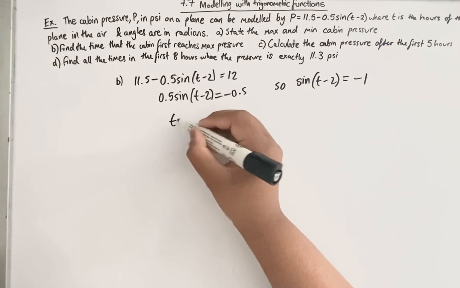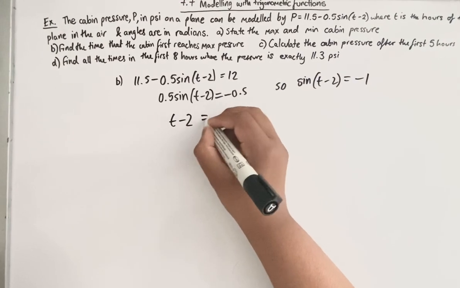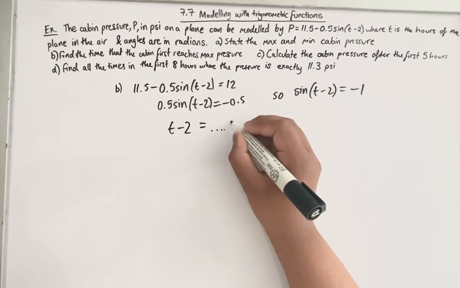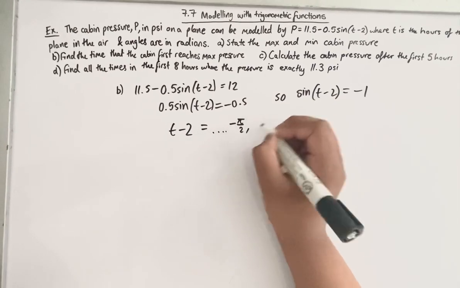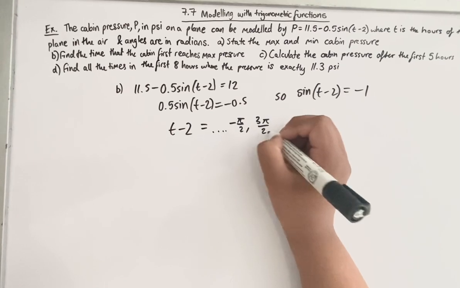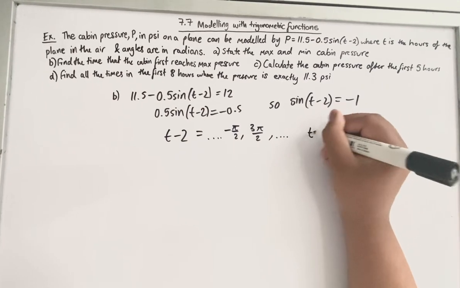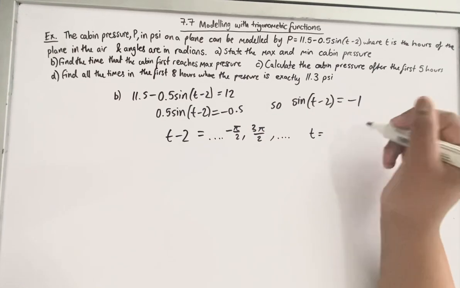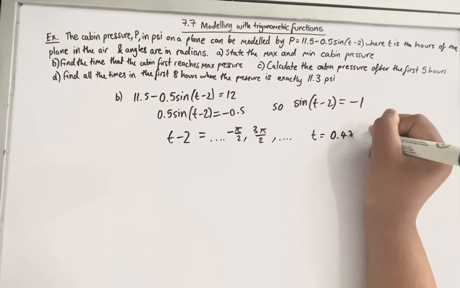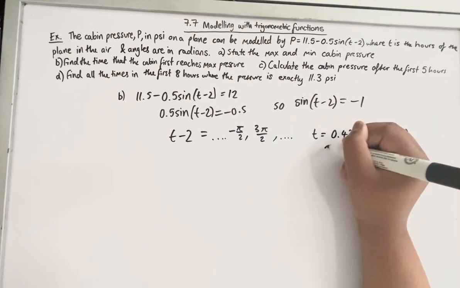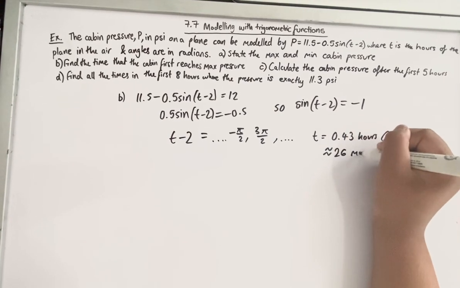And that means t minus 2 is any of minus pi over 2, then the next one is 3 pi over 2, and so on. So t will be minus pi over 2 plus 2, which is 0.43 hours to 2 dp, which is around 26 minutes.